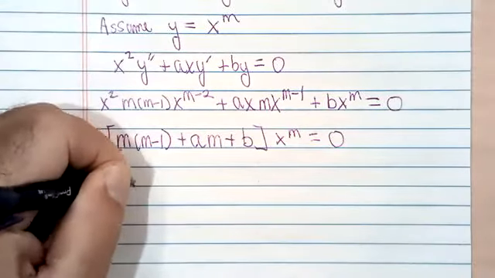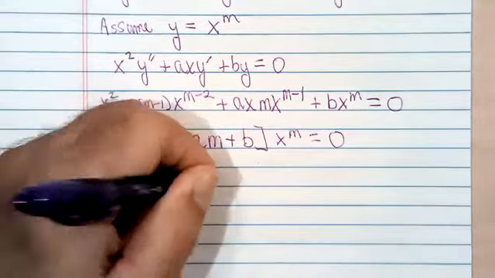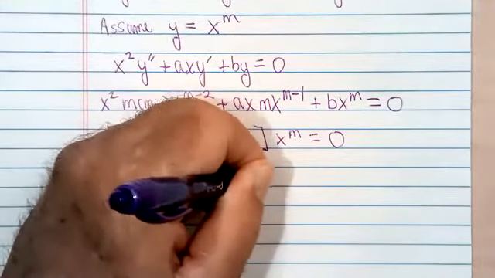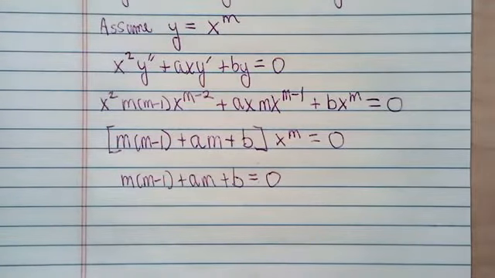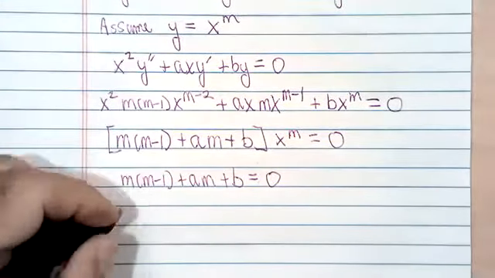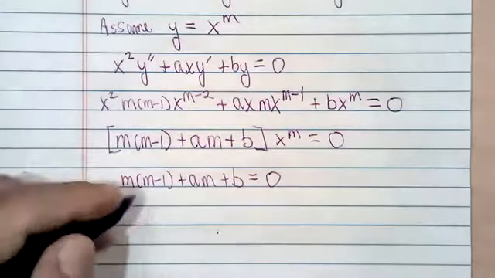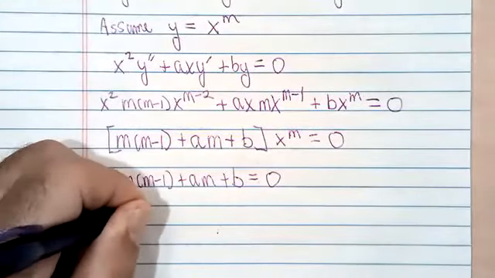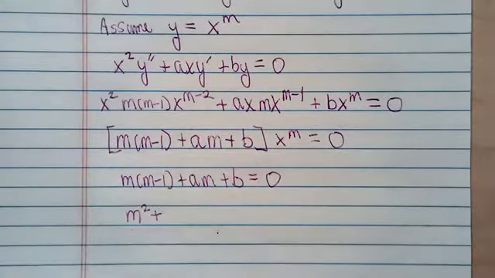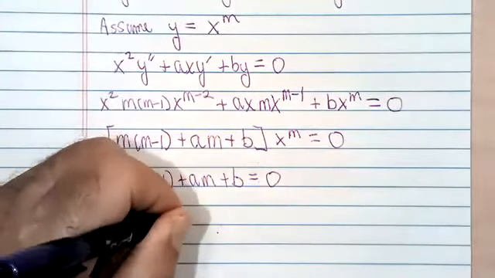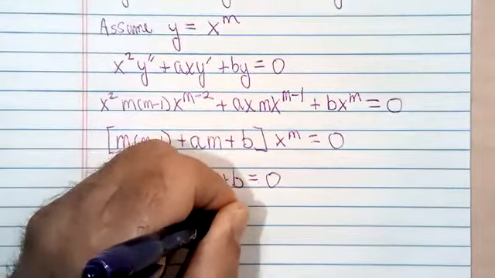So m times m minus 1 plus a m plus b equals 0 is a quadratic equation in m that is of interest to us. And you could put it in this form. I tend to work with this one. But if you look in the standard text, you'll see this equation instead. They're both equivalent.